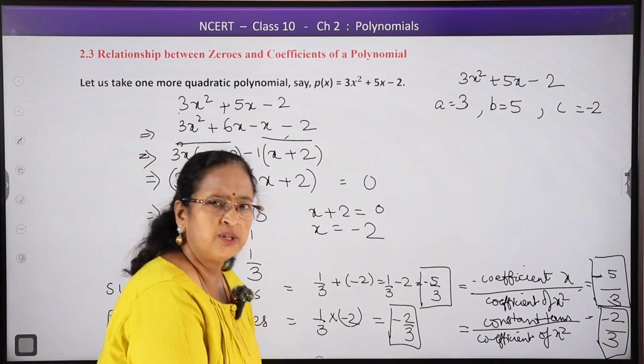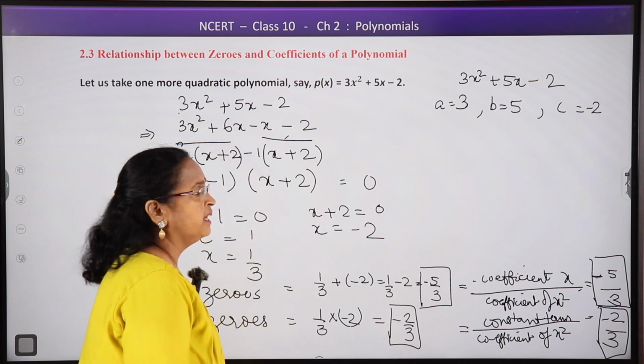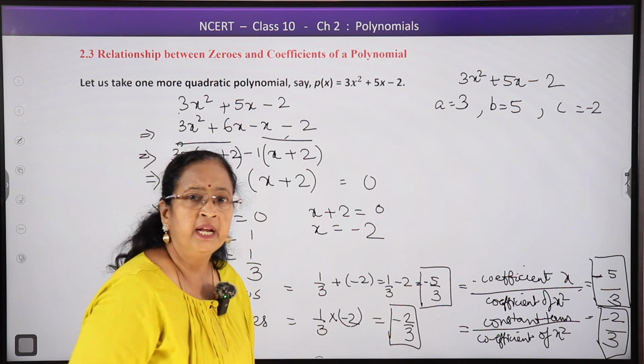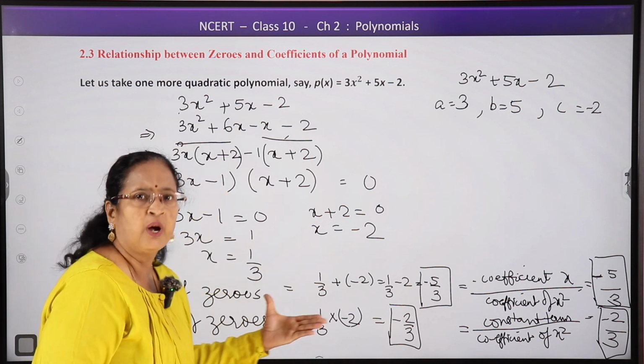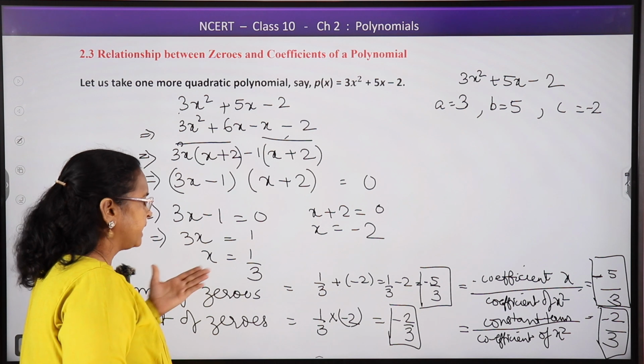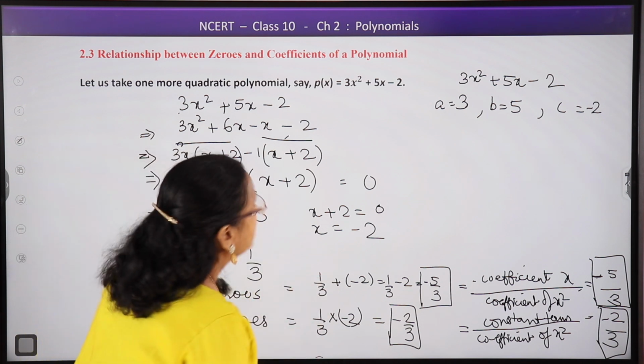So this is understood? Now I'll tell you the zeros of the polynomial in general form. What do we take the zeros of the polynomial as? Here we are taking it as x. I will tell you how to write in terms of alpha and beta.